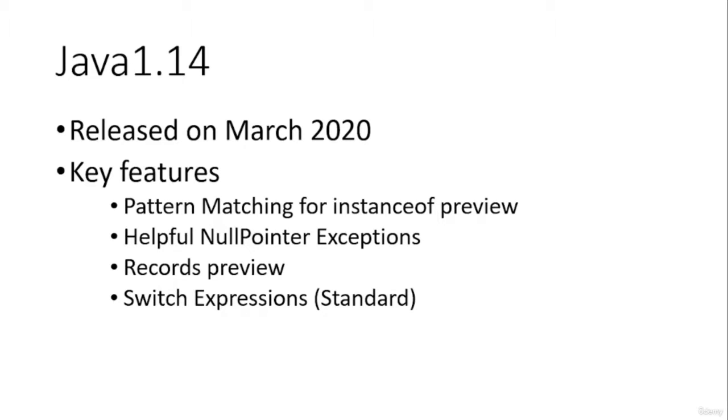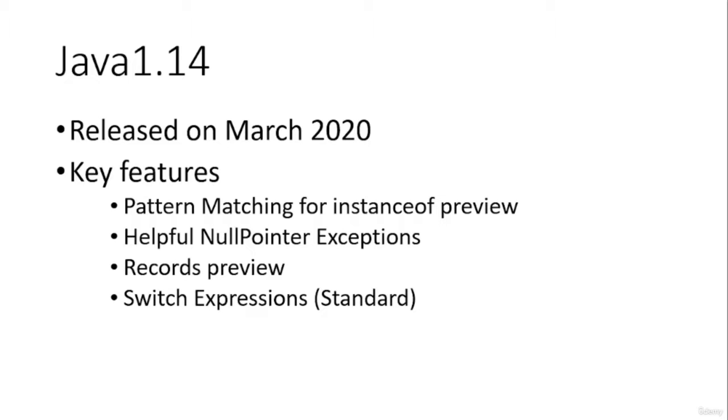Next thing you need to know is helpful null pointer exceptions. And next thing introduced is Java records. Records are a new construct which was introduced in Java 14, which gives us a data class that holds some variables.